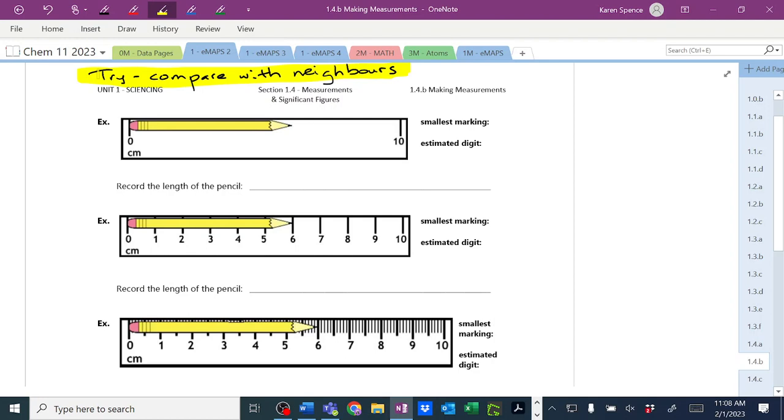Have you had a chance to compare yet, or are you still working? Take a moment and compare with your partner.